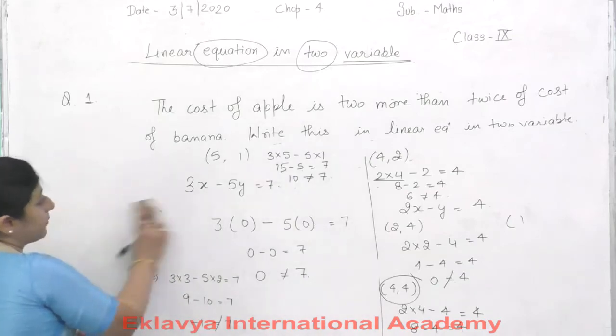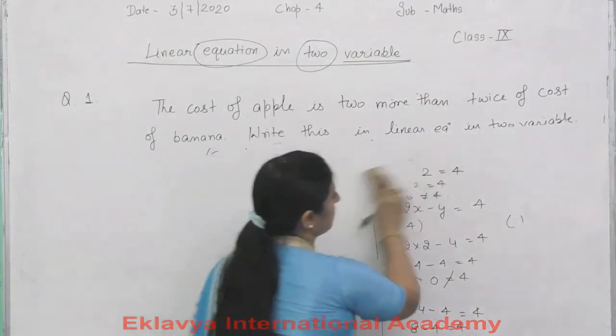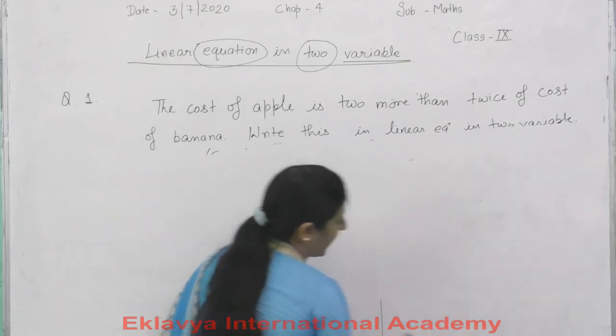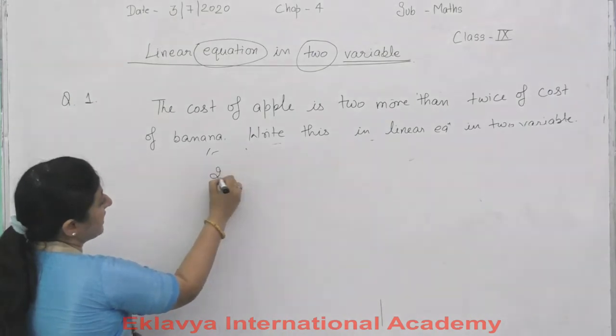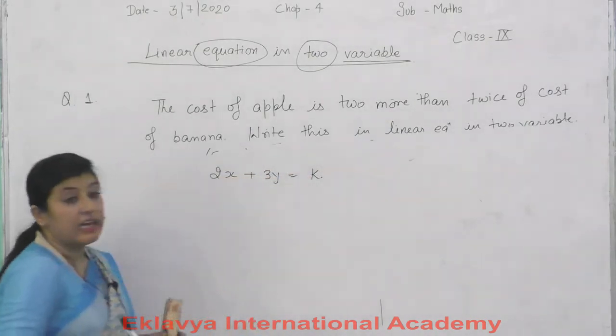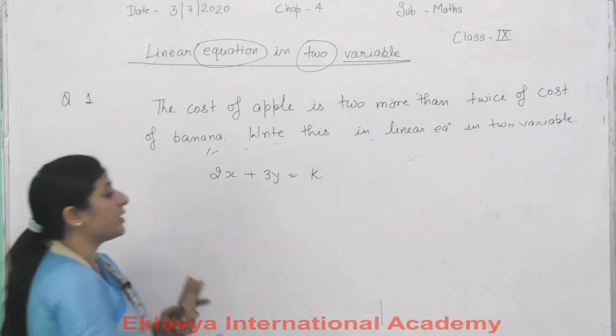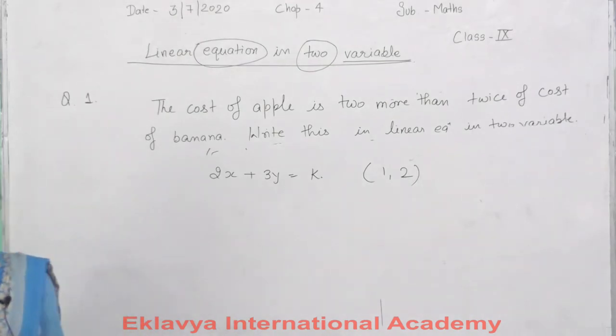Now if we discuss one more type of question, we have to find the unknown value in the given equation. It is given to you 2x plus 3y is equal to k. In this question it is given that (1, 2) is a solution of this equation.